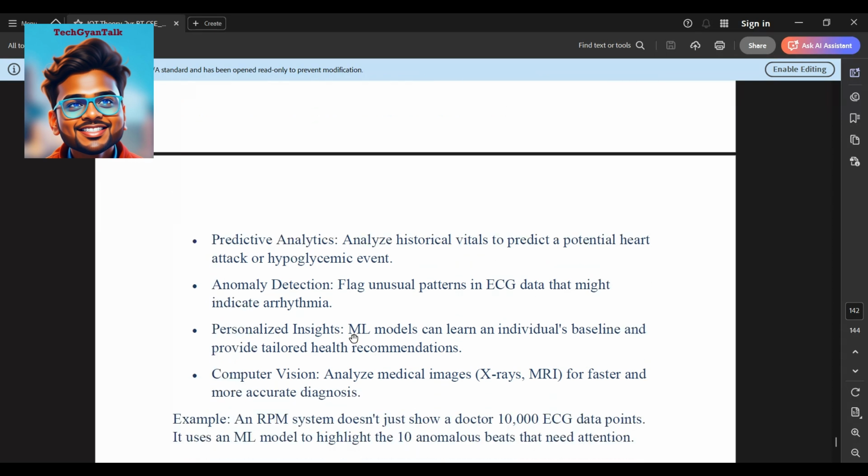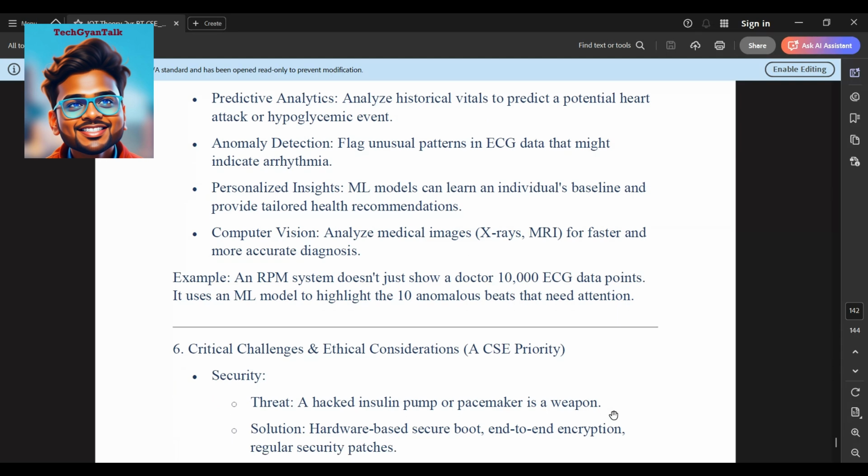And personalized insights: ML models can learn an individual's baseline and provide tailored healthcare recommendations. From the computer vision perspective, analyze medical images, X-rays and MRIs, for faster and more accurate diagnosis. For example, an RPM system doesn't just show a doctor 10,000 ECG data points. It uses an ML model to highlight the 10 anomalous beats that need attention.